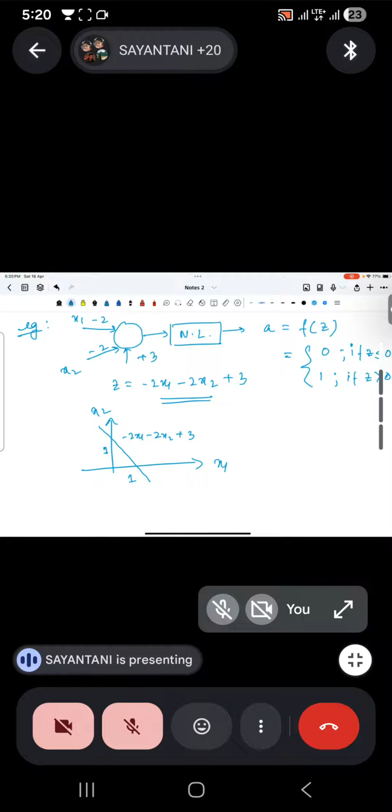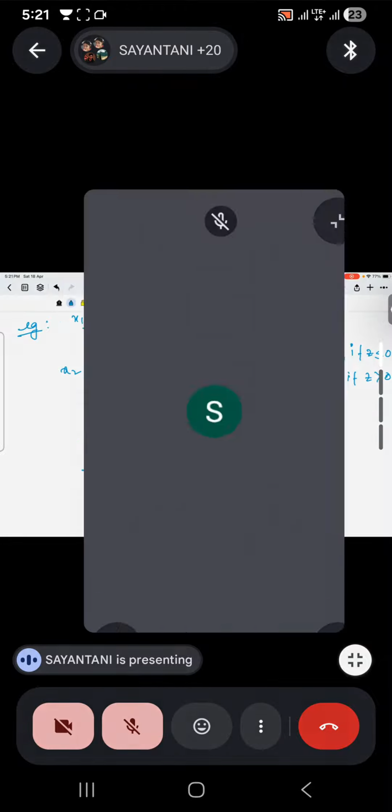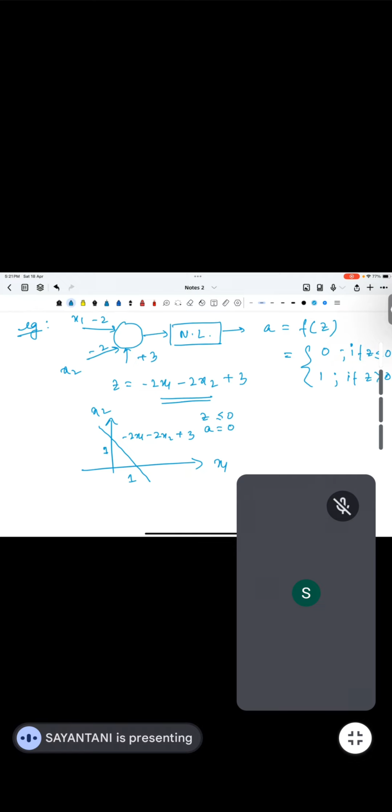We can understand it's going to be a straight line like this, right? So if your data point lies in this particular region, that is z less than or equal to 0, that means a equal to 0. So the right hand side of this line belongs to one particular class.